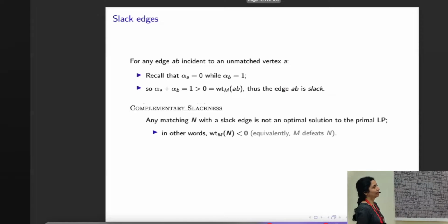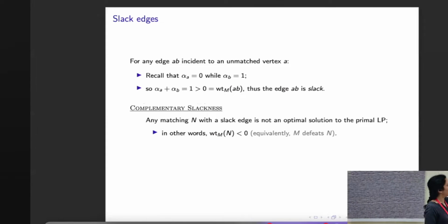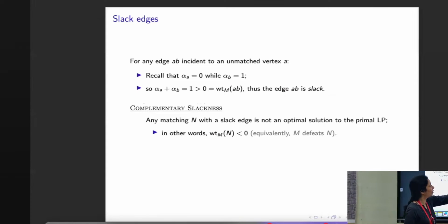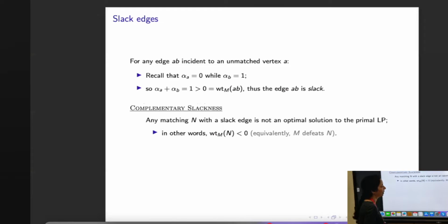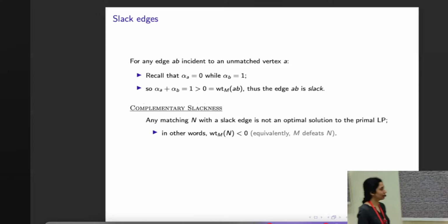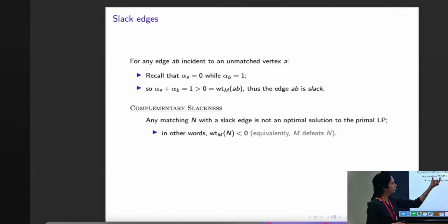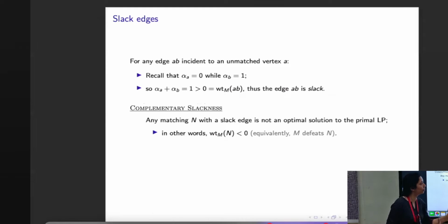And there is this very useful theorem from linear programming called complementary slackness. Any matching with a slack edge cannot be an optimal solution to the primal LP. So if you go back to the maximum weight perfect matching LP that we wrote, any feasible solution that contains a slack edge cannot be an optimal solution to that LP.